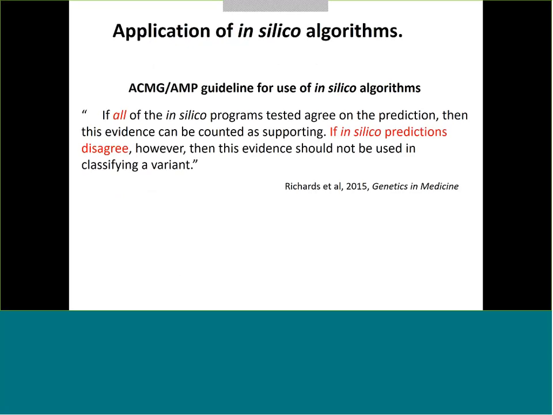There is a guideline, as you may all know, from the ACMG Richards et al. guideline, which says that if all in silico programs tested agree on the prediction, then this evidence can be counted as supporting. If in silico predictions disagree, then you do not count that. The first thing is that this is a really broad definition, so it could be interpreted differently by different labs, given that there are in silico algorithms coming out pretty much every month.